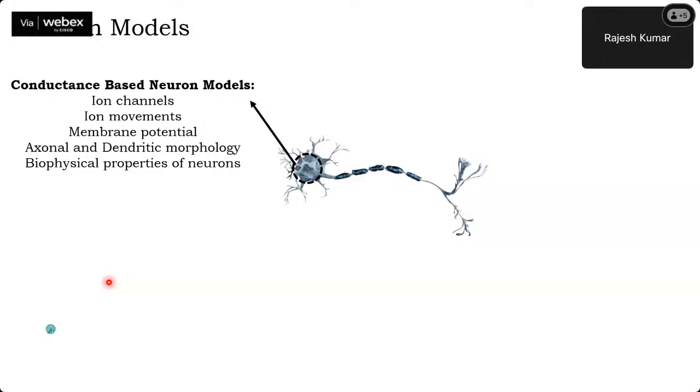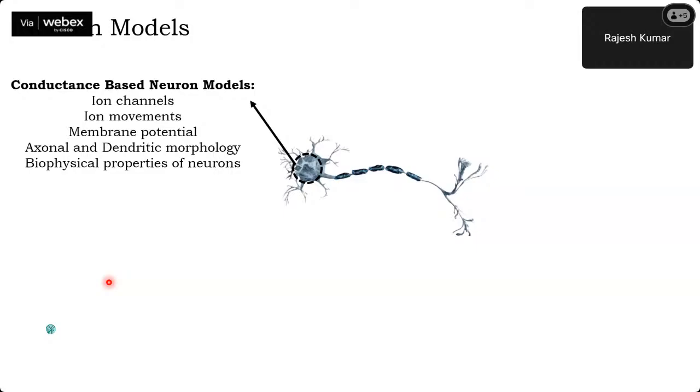One is conductance based. When we talk about conductance based neuron models, we talk about ion channels and how they are working. Ion channels are there in our membrane; I will discuss more on that. It's a biological process. And then how ions move, what is the membrane potential, what is the dendrite morphology, and what are the biophysical properties of the neuron.